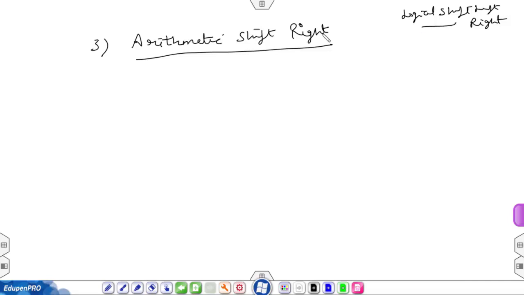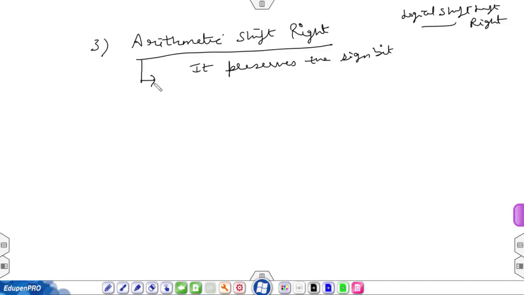So what happens in arithmetic shift right? Here it preserves the sign bit. But in logical shift left and logical shift right, there was no condition of preserving the sign bit.